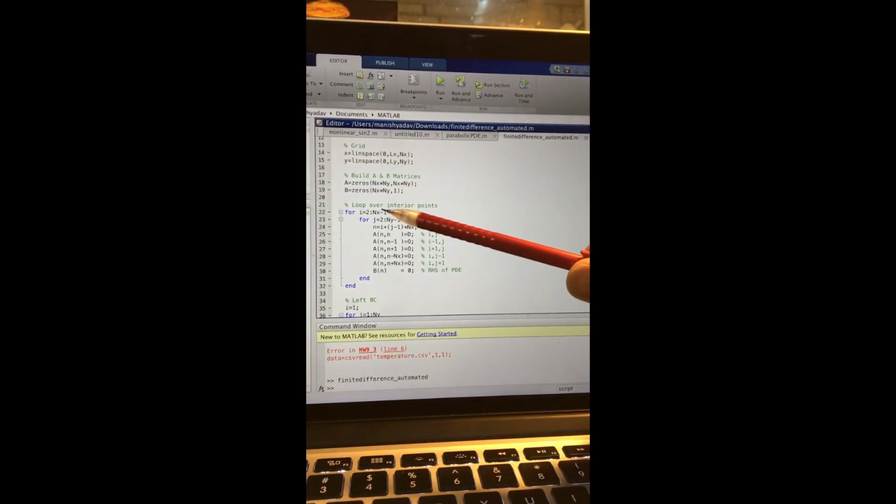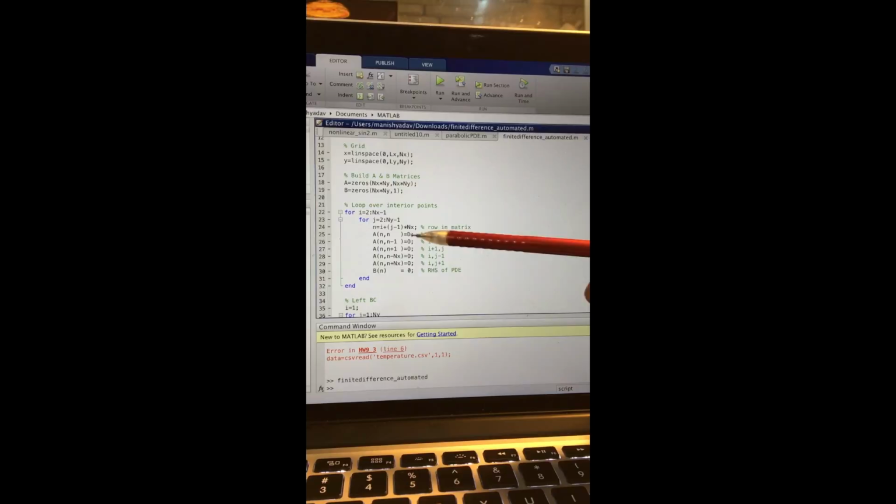So I took i equal to 2 to nx minus 1. nx is our last grid point, which is 40, and our inside points will be minus 1, same as the y direction. So n is (i, j minus 1) times nx, which is the row.